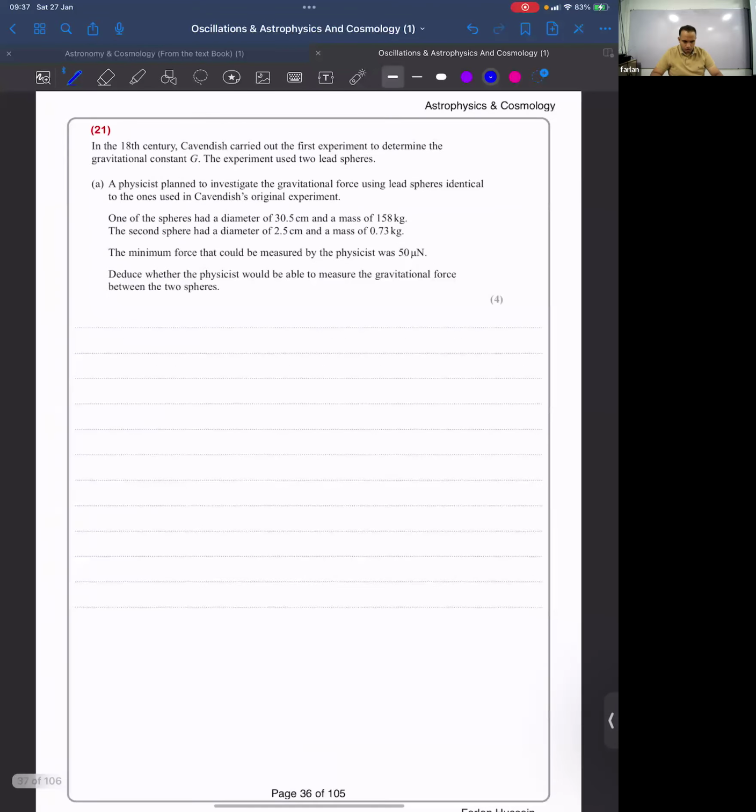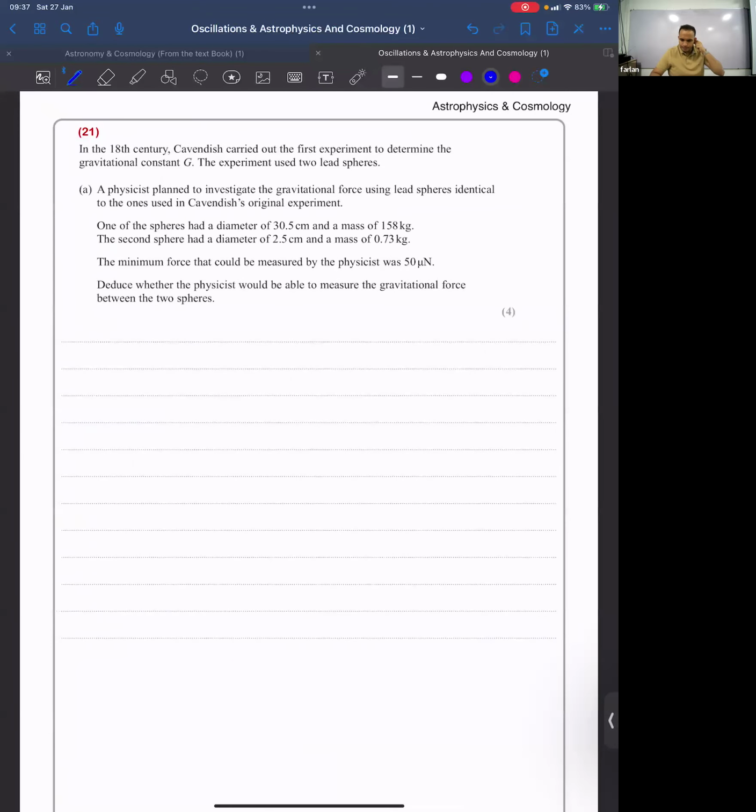Page 36, question 21. In the 18th century, Cavendish carried out the first experiment to determine the gravitational constant. The experiment used two lead spheres.